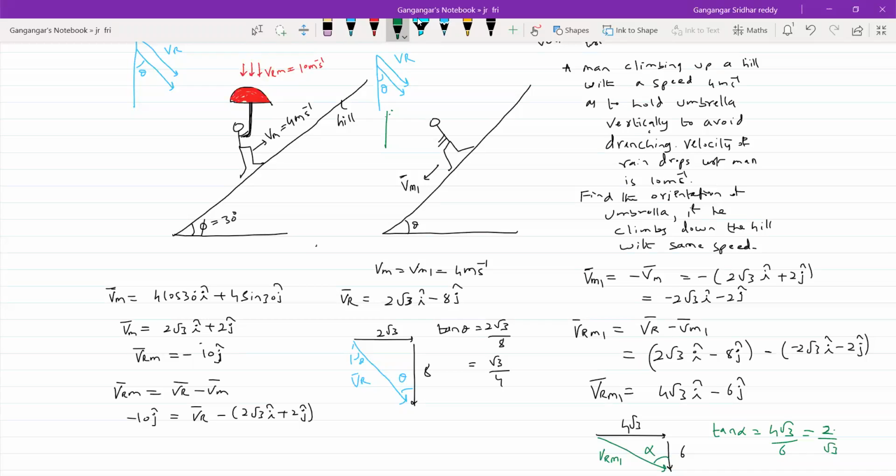Look at theta, this one, theta is root 3 by 4, 1.7 by 4, so 0.425. Take tan inverse of it.